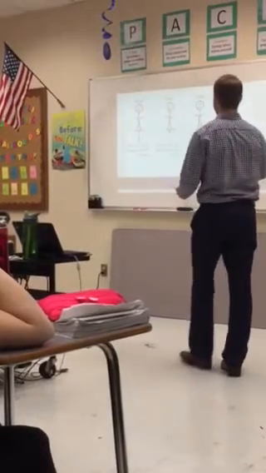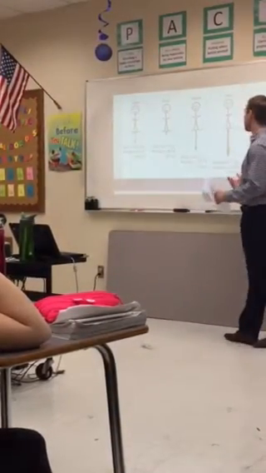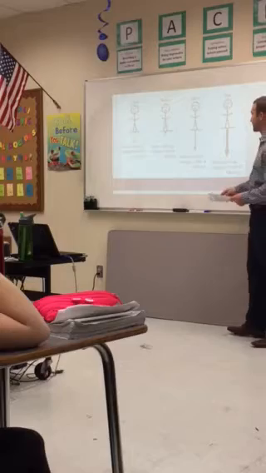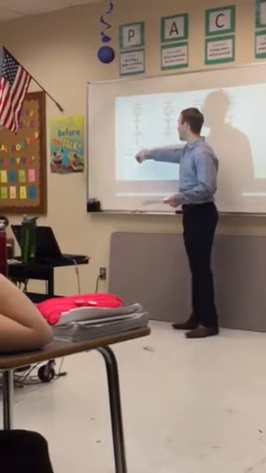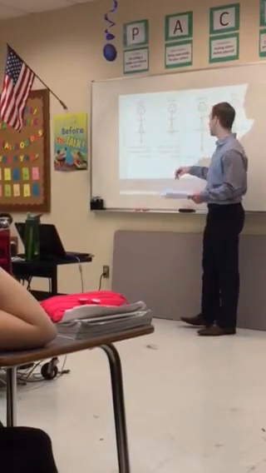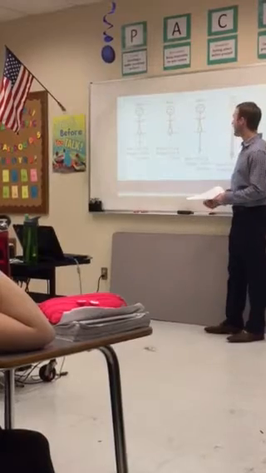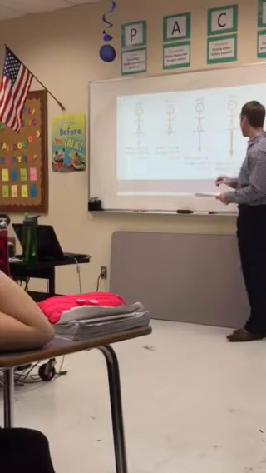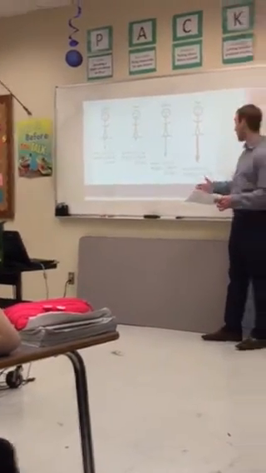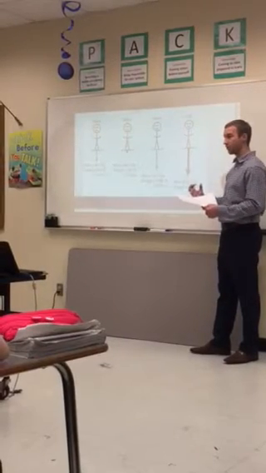This is just showing an example of how your weight would change on different planets. Your mass would stay the same. You're not changing size as you go to different planets. But larger planets with more mass are going to have a greater pull of gravity.